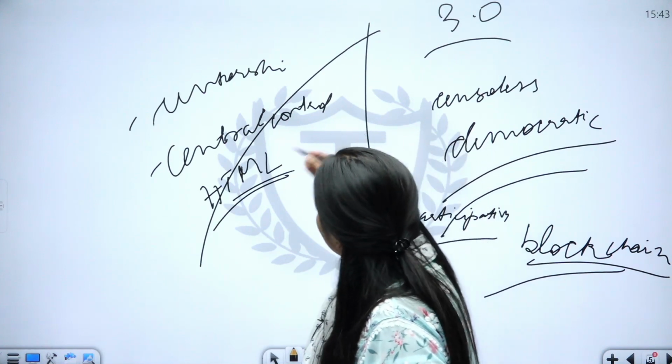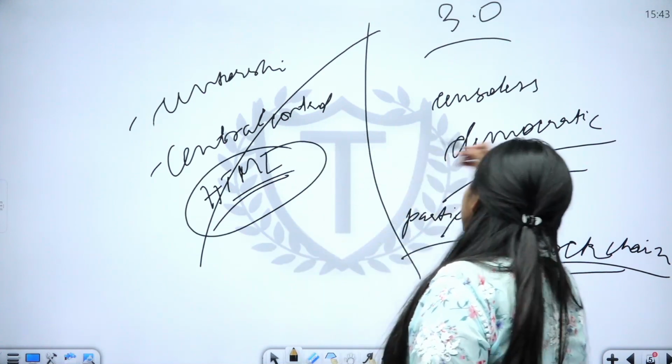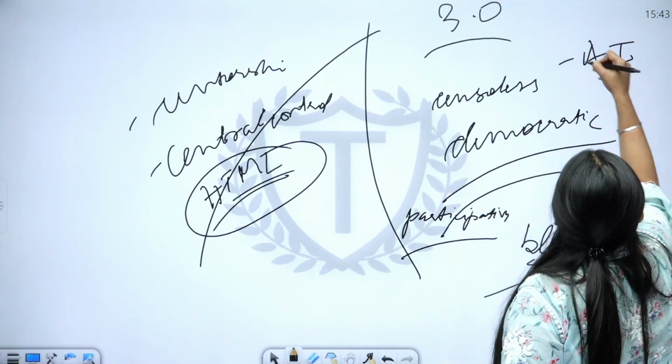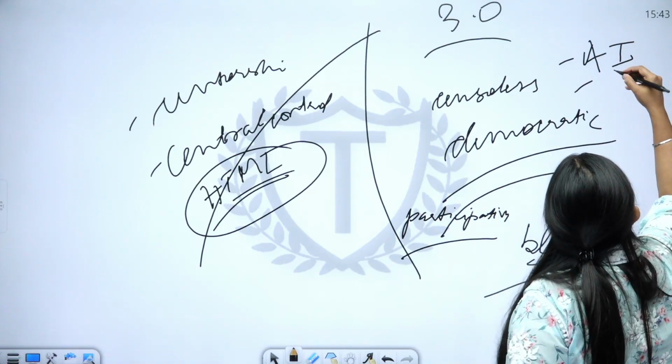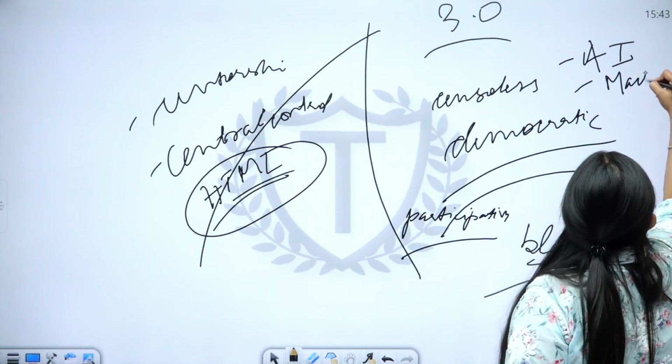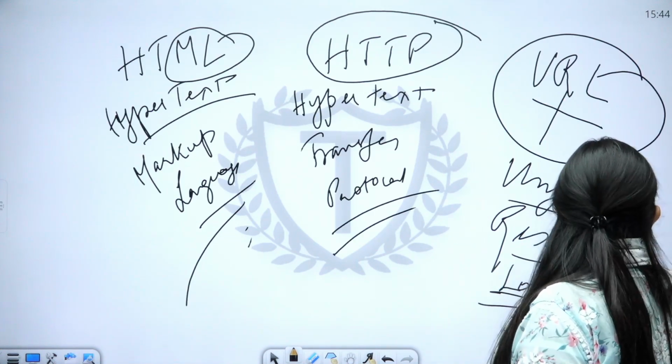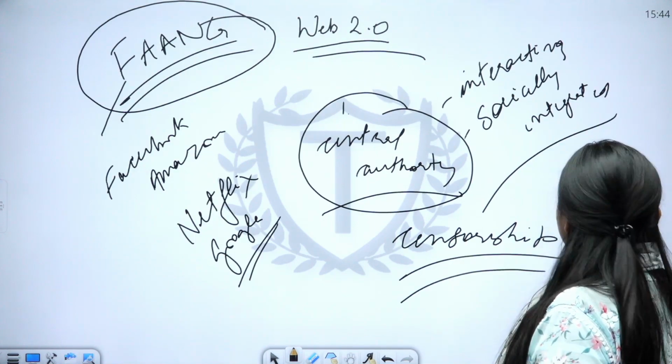So there was a language here, there was HTML. In Web 3.0, we have brought in elements of artificial intelligence and we have brought in elements of machine learning. And as I said, Tim Berners-Lee had talked about semantics, right?